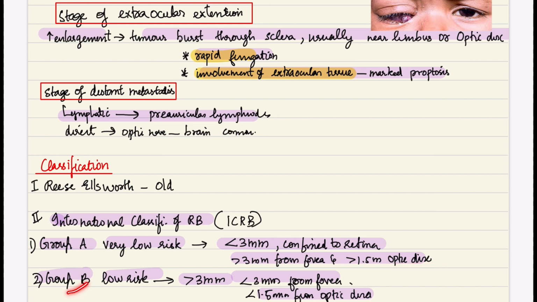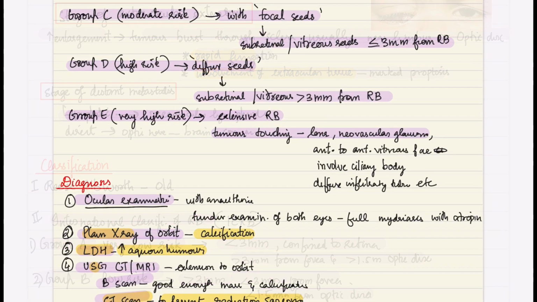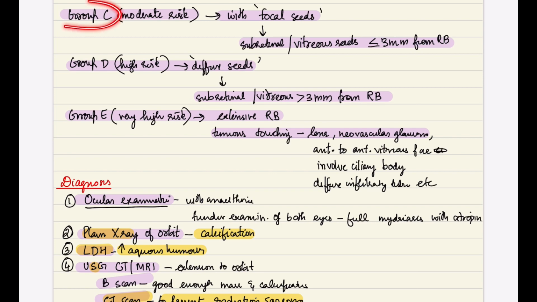Under group B, this is low risk, and the tumor will be greater than 3 mm and less than 3 mm from the fovea and less than 1.5 mm from the optic disc. Then we have group C, which is moderate risk.